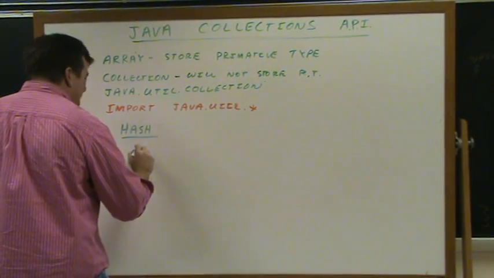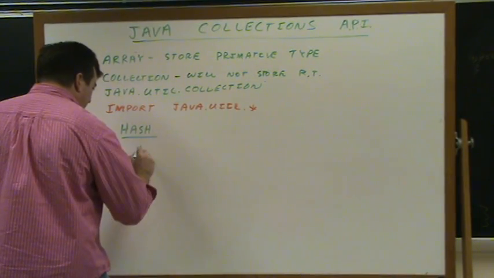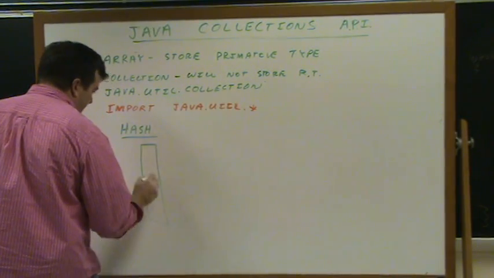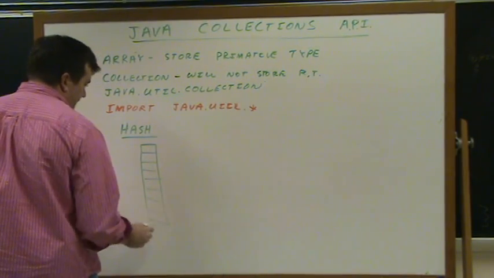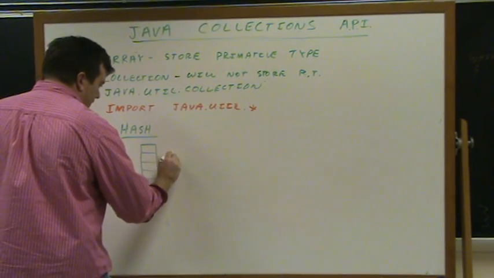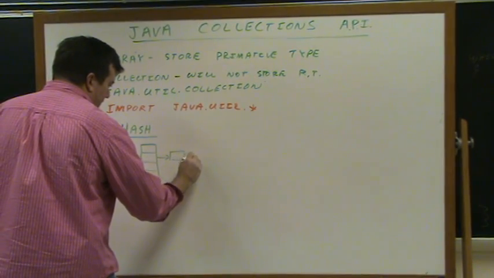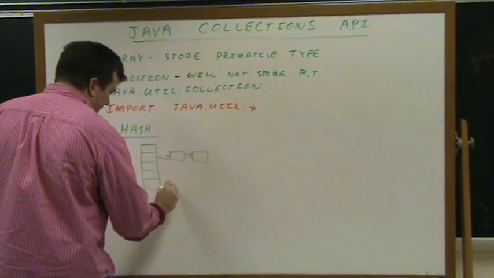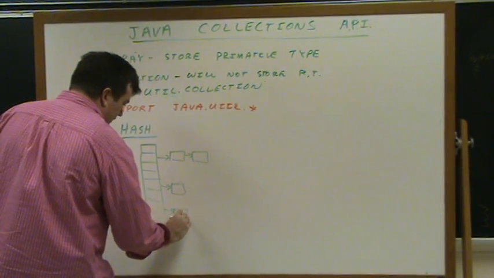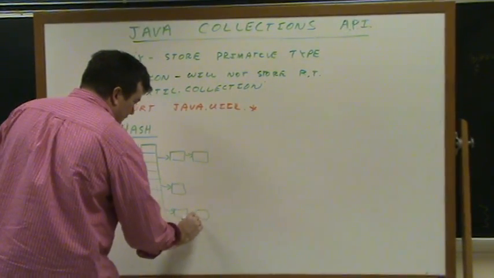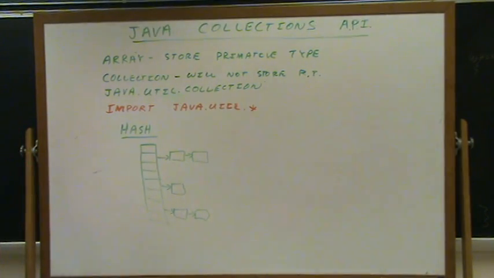But a hash could be, let's say we had an array of, say, 10 numbers. 10 different buckets of data. And then after that, maybe we had a linked list of items coming out of it, so this is really a hash of linked lists.